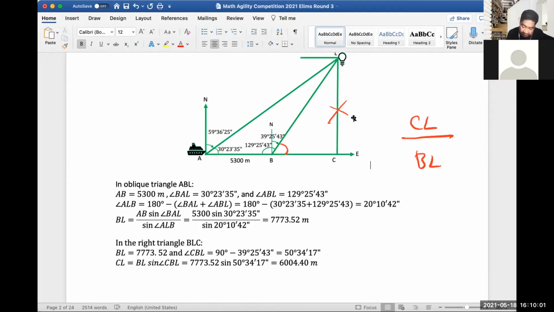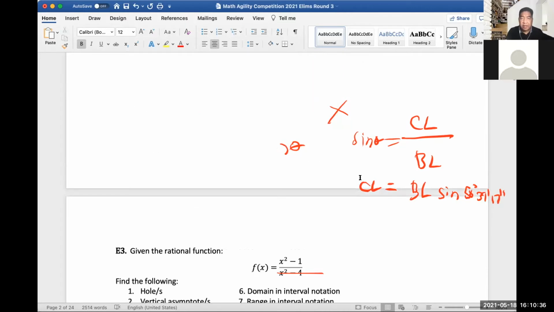So sine theta, where theta is 50 degrees, 34 minutes and 17 seconds. So CL is basically BL times sine of 50 degrees, 34 minutes and 17 seconds. And our answer should be 6,004.40 meters. I think, okay, so that's it.